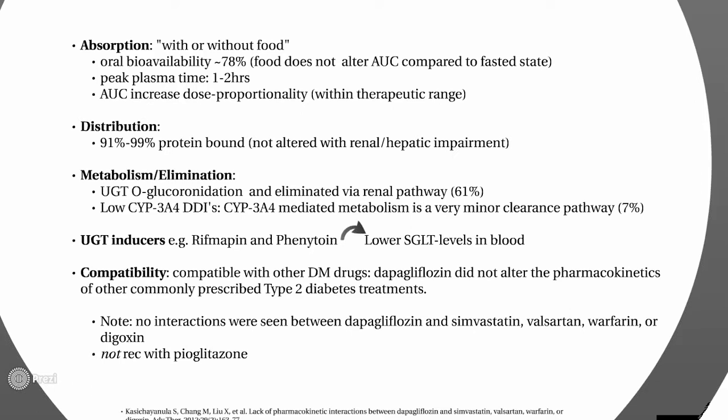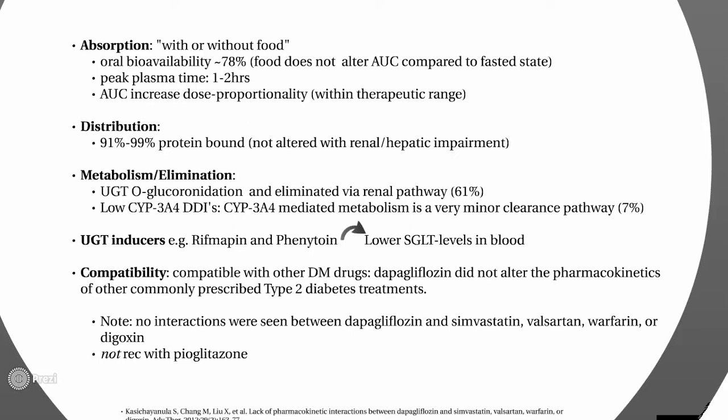Another important point is in terms of distribution, these drugs are protein bound, but they're not altered in patients with renal impairment, and by renal impairment I mean, of course, greater than the last thing we were talking about, greater than 60. And hepatic impairment is really interesting. I did more research on this.